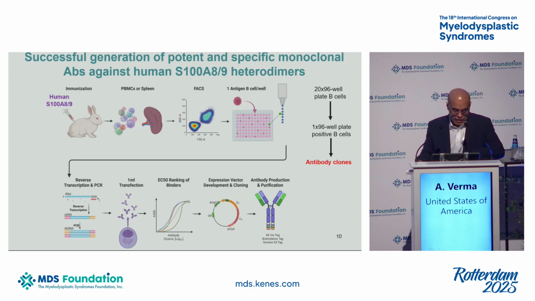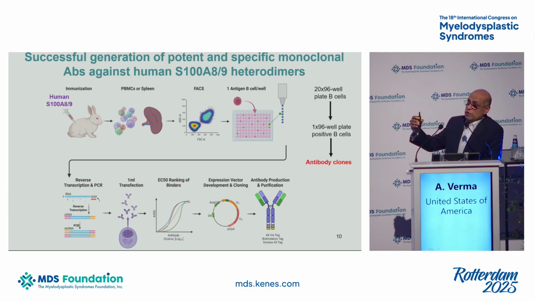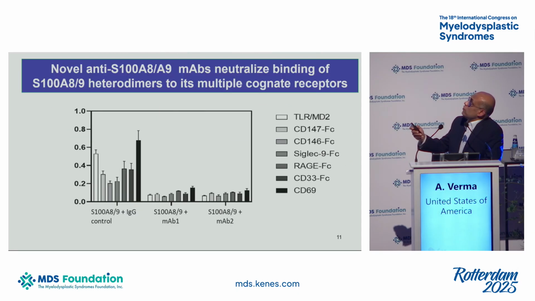So we started an antibody campaign to find specific monoclonal antibodies that could block the heterodimer. We inoculated a higher mammal to find more potent antibodies, a long drawn-out process. And in the end, we have been able to generate a pipeline of potent monoclonal neutralizing antibodies.